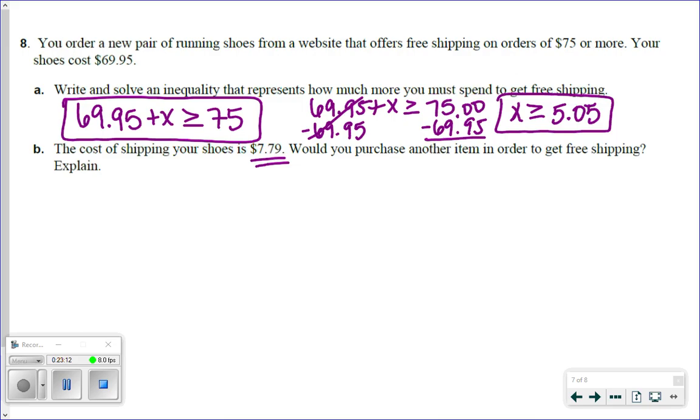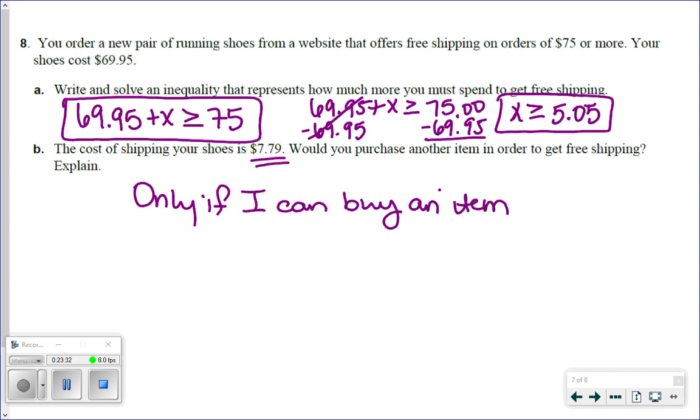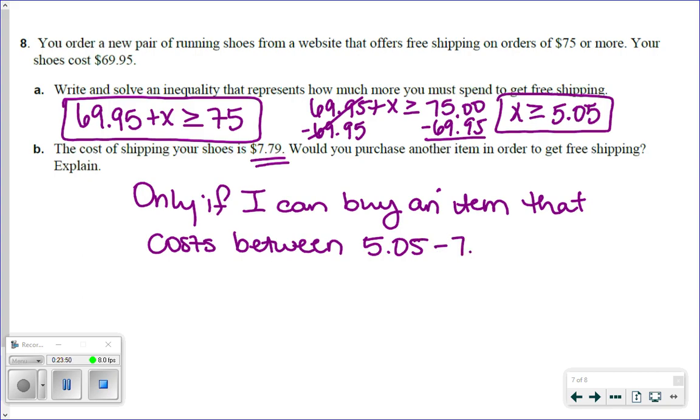So with that in mind, I really would only do this if I get something that kind of falls in between this. So my answer at least would be only if I can buy an item or items that cost between $5.05 and $7.79.